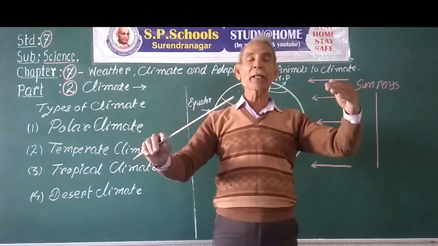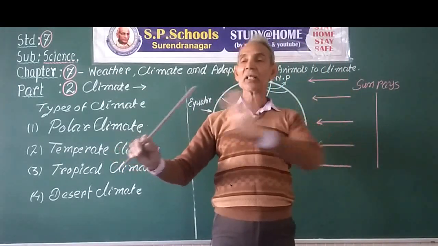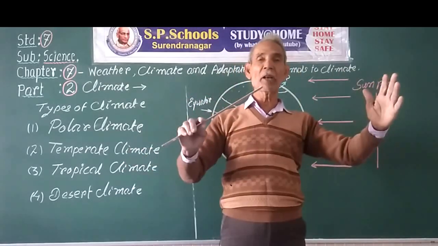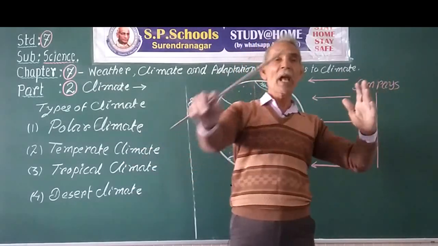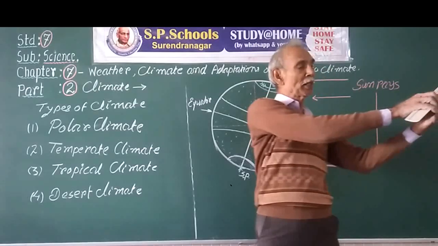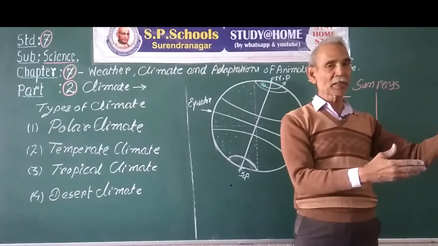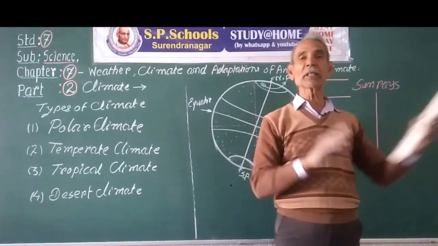So it happens that in one condition the northern hemisphere gets tilted toward the sun, and in the opposite condition the southern hemisphere of the earth gets tilted toward the sun.